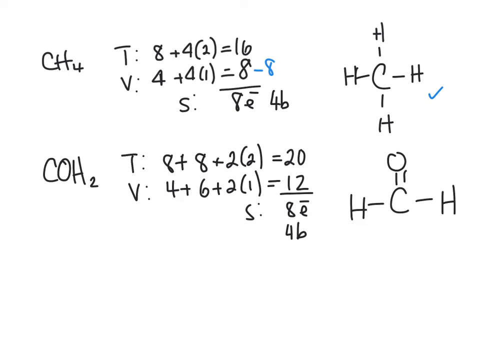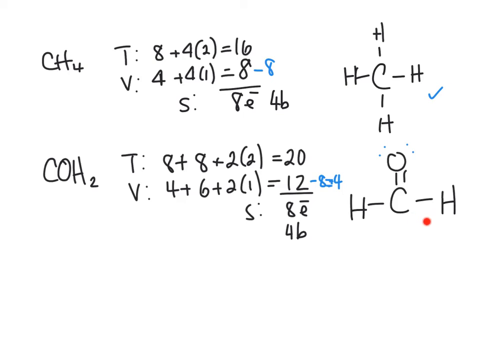So now I've made my 8. I've got 4 left. Carbon can't take any more. Hydrogen can't take any more, but oxygen can. So now let's double check our structure.